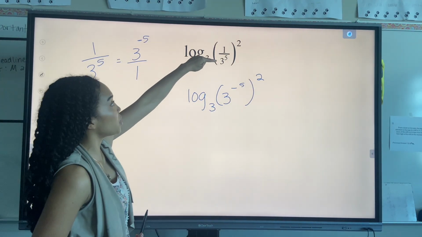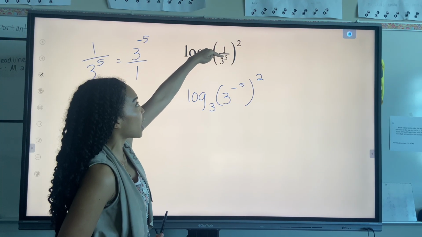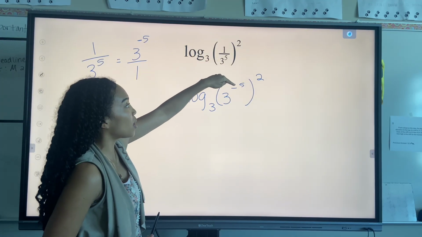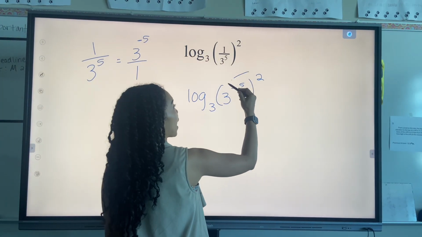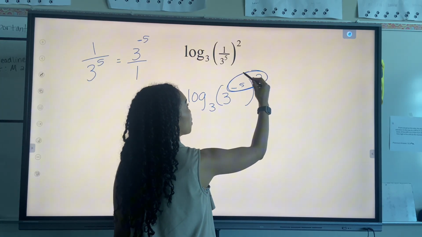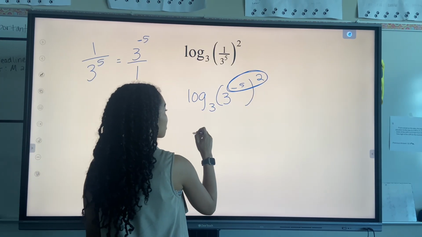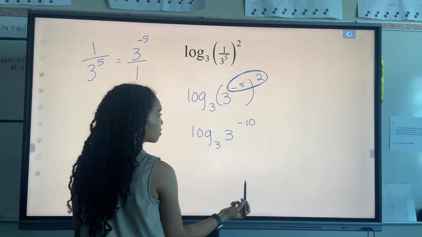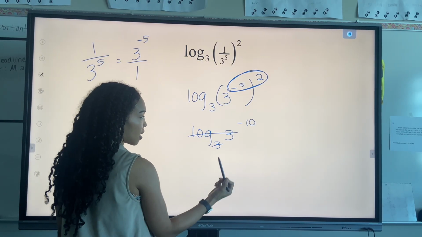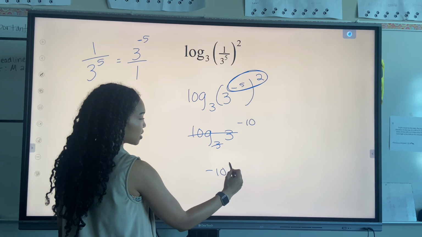Now, whenever you have exponent to another exponent, you just multiply them. So this is log base 3 of 3 to the negative 10. And these cancel out. So your answer is just negative 10.